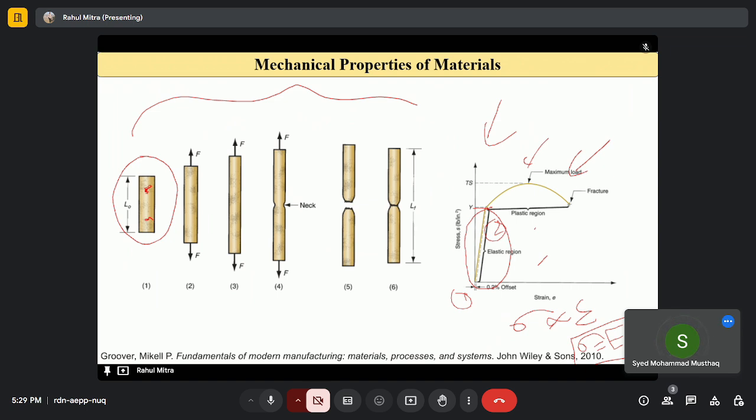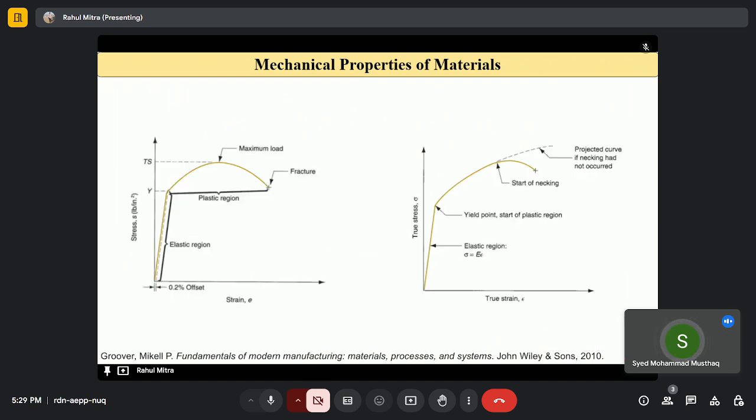Again, to define plastic deformation, many people have defined different models of how plastic deformation happens.